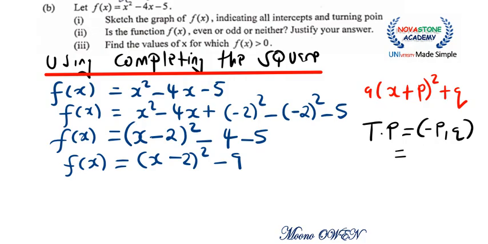So in this case, I'm going to have 2, -9 as our turning point, where the graph is turning from. Okay, now that we found our turning point, let's find the intercepts. The intercepts is where this graph is cutting the x and the y axis. Let's start with the y-intercept.